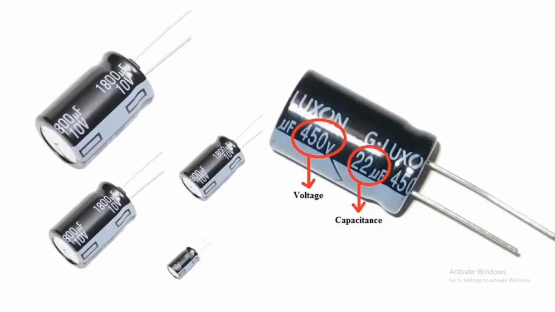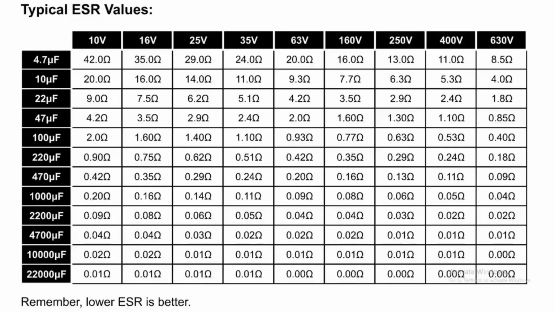The size of the capacitor depends on the voltage and the microfarad. Here is the list of non-polar capacitor values, voltage and microfarad. In the coming video we will discuss in detail each part and each value of the capacitor. There are also different types of capacitor like paper capacitor, ceramic capacitor and so on. We will discuss that in the coming video.